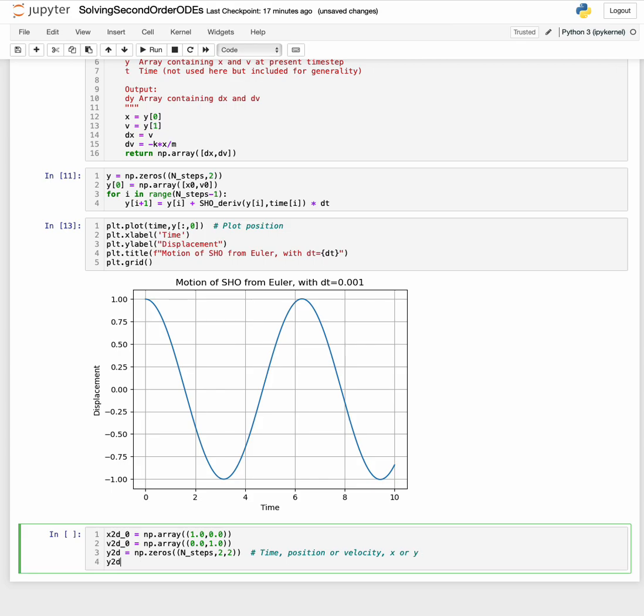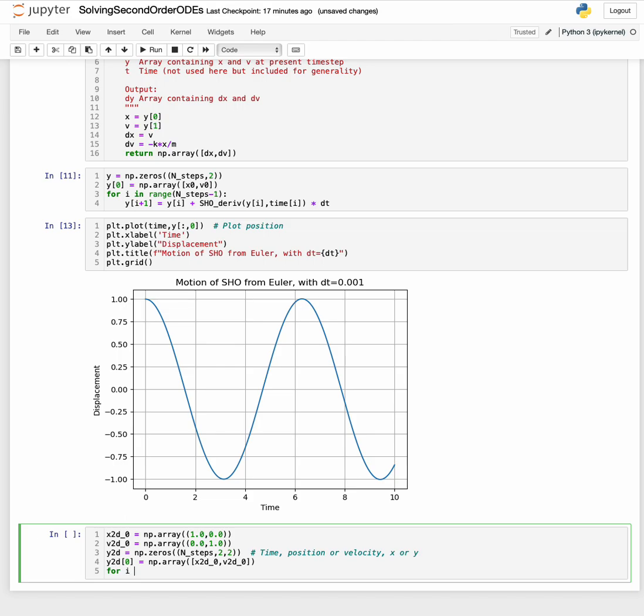So y2d at time step 0 is now going to equal a numpy array, which puts together, let's put this in square brackets, x2d 0 and v2d 0. Okay, so that's almost exactly what we put here for y of 0. So almost no change at all.